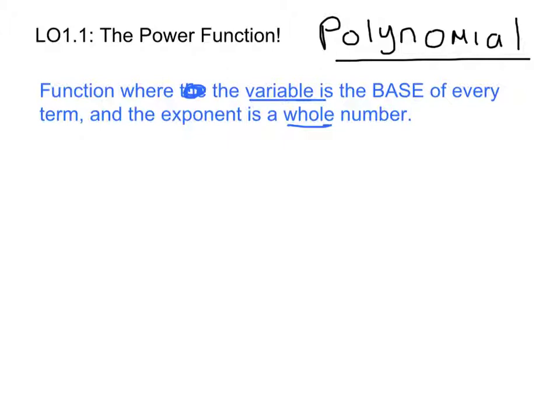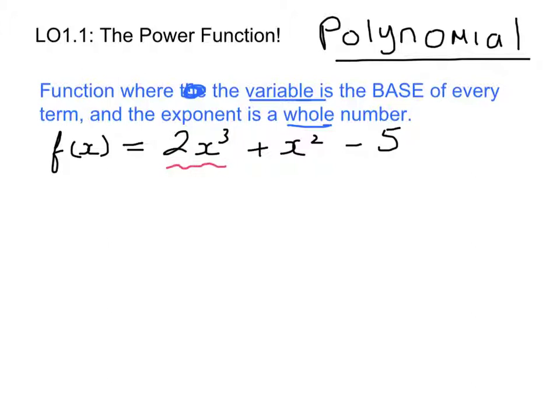So, for example, a function that looks like this, f(x) = 2x³ + x² − 5. That would be a power function because in every term the base of the power is the variable and the exponent is a whole number.